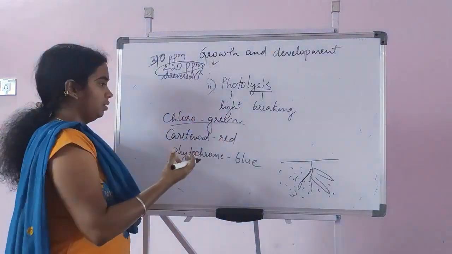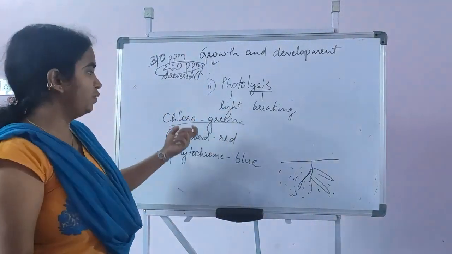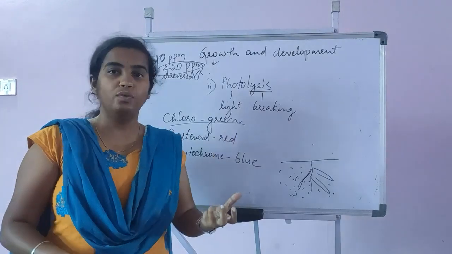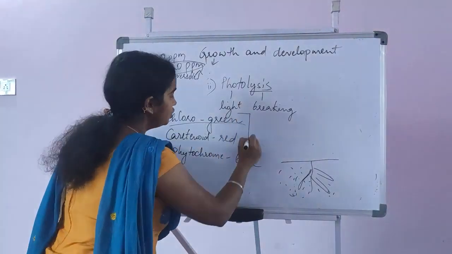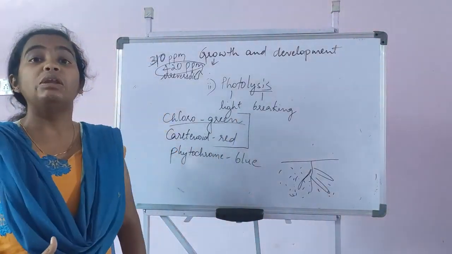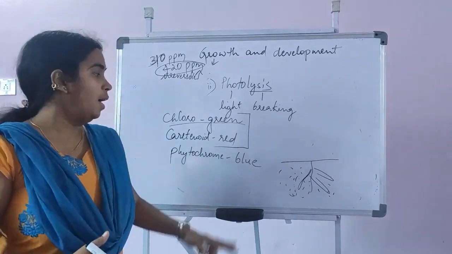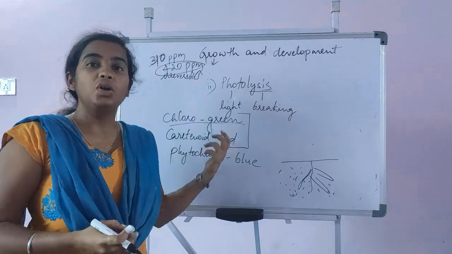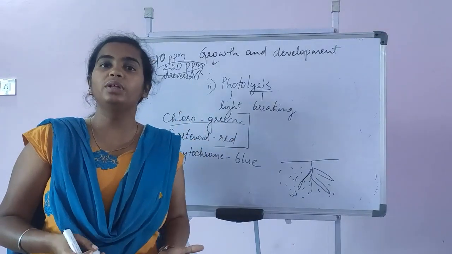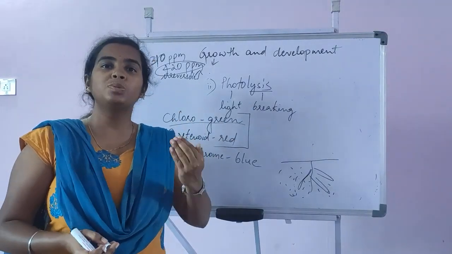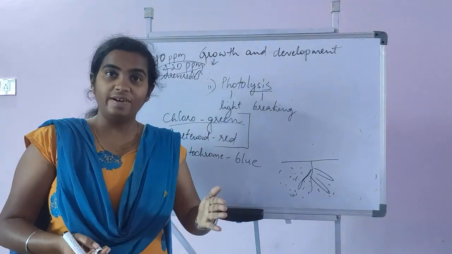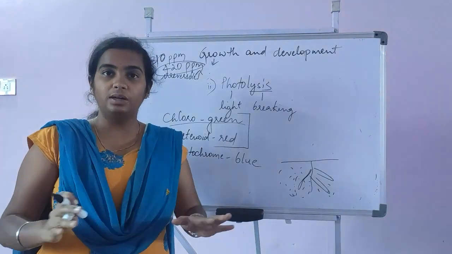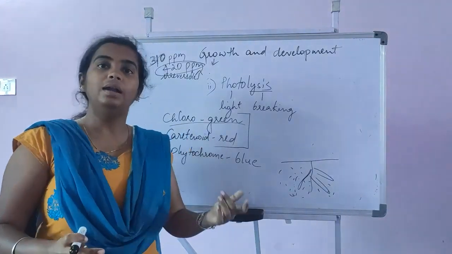That is why the plants look green, because of the high amount of chlorophyll pigment. These two are much more involved in the photosynthesis process, because when pigments like chlorophyll and carotenoid are present in higher amounts in the plant, the photosynthesis process will be much faster, and there will be a fresh green color of the plant as well.